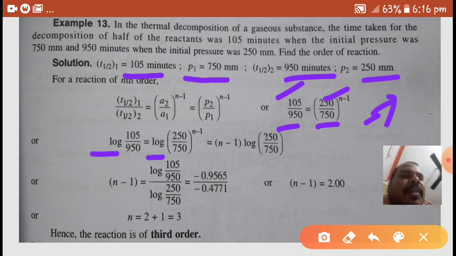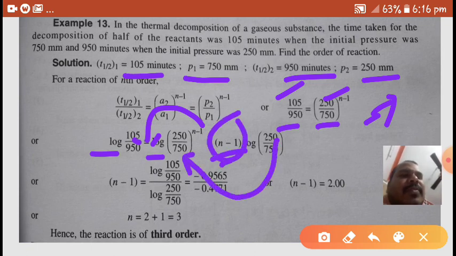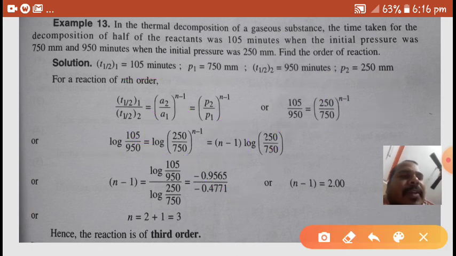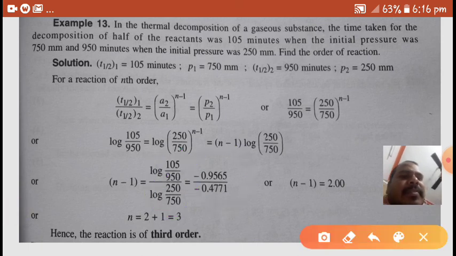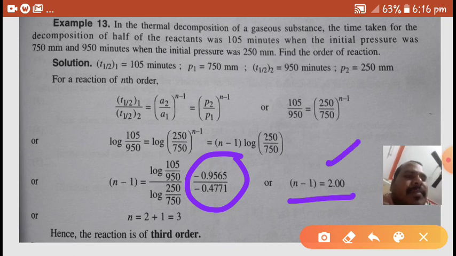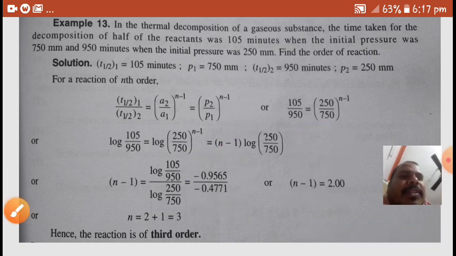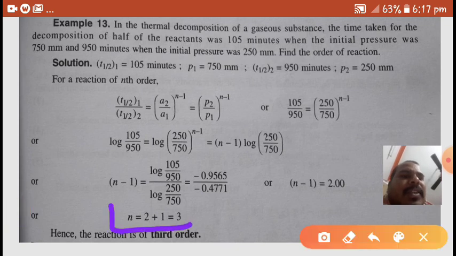The n minus 1 comes to this place, and to calculate n minus 1 I am moving this to the left side of the equation. The values are like this, and solving, we get the value 2. So n minus 1 is equal to 2, n is equal to 2 plus 1, so it is a third order reaction.